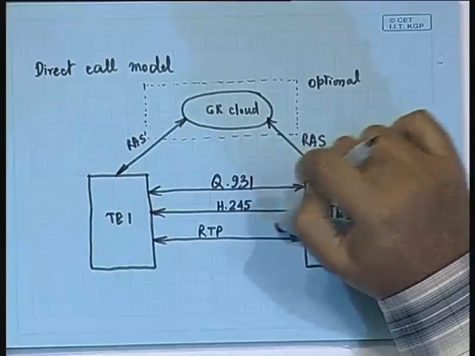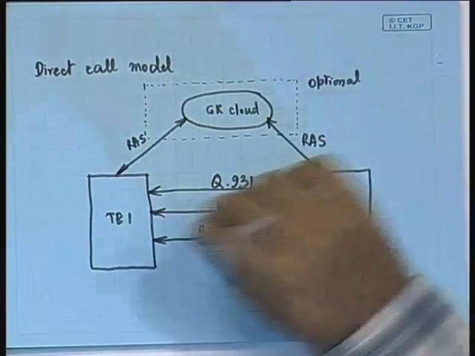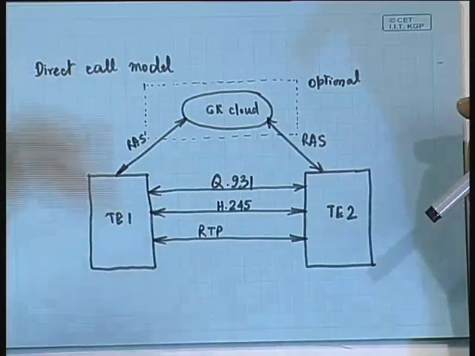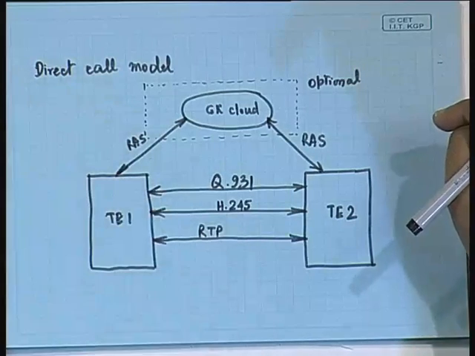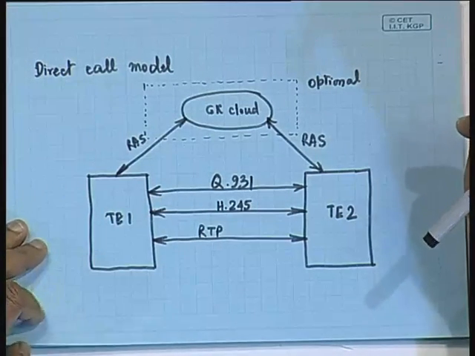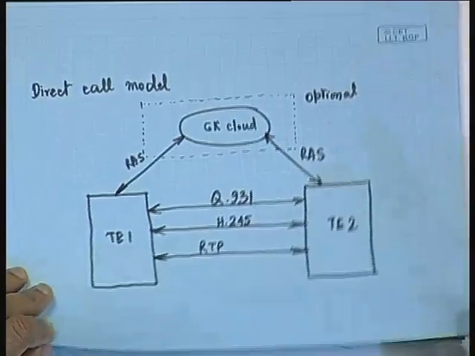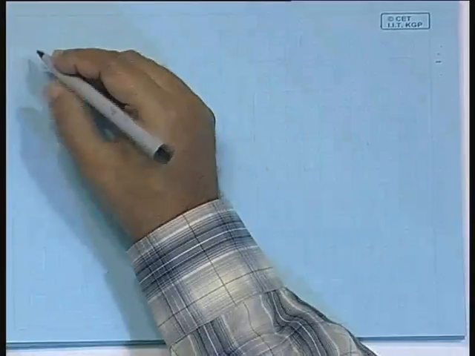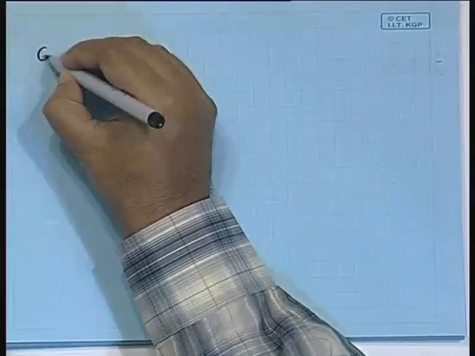But in this case, although it is only the RAS, the signaling still takes place between TE1 and TE2 directly without the involvement of the GK cloud, at least as far as the Q.931 and H.245 are concerned. There is a second alternative model which we call the gatekeeper routed call model.